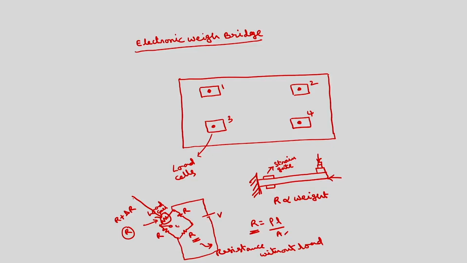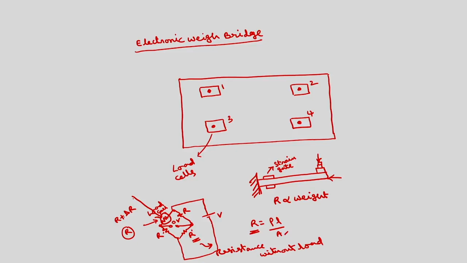At these 2 points you will get a voltage which is equal to 0 volts in case all are R's. This is R, this is R, this is R, this is R, because this voltage will be V by 2, this voltage will be V by 2. So, the difference becomes 0 volts.